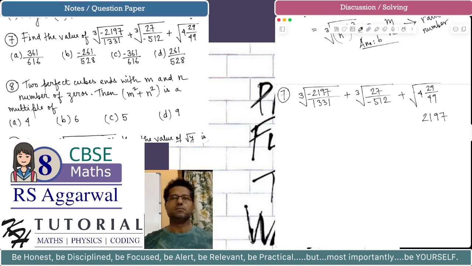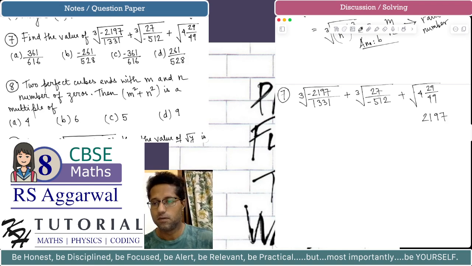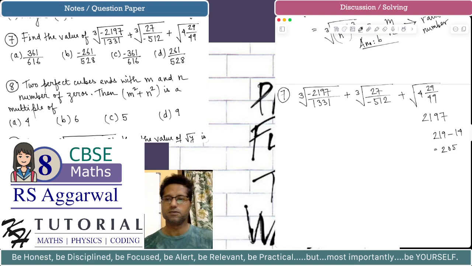No, it is not divisible by 11. Is it divisible by 7? No, it is also not divisible by 7.